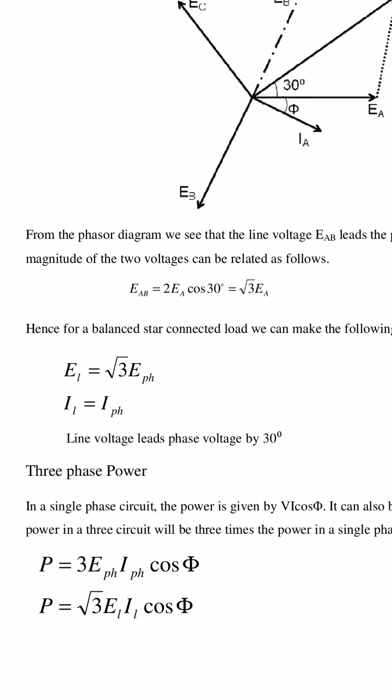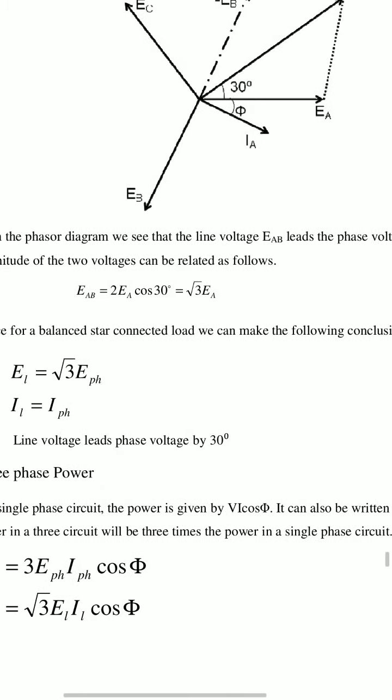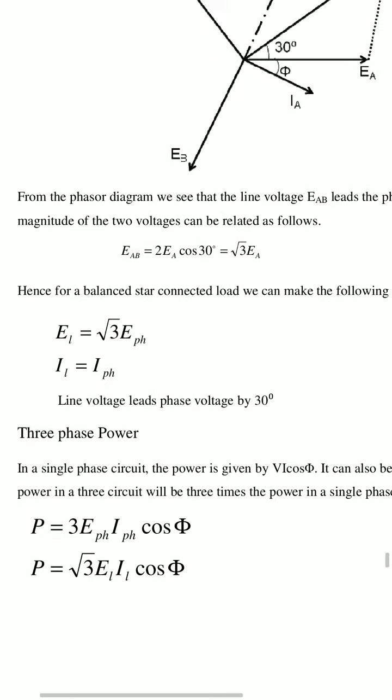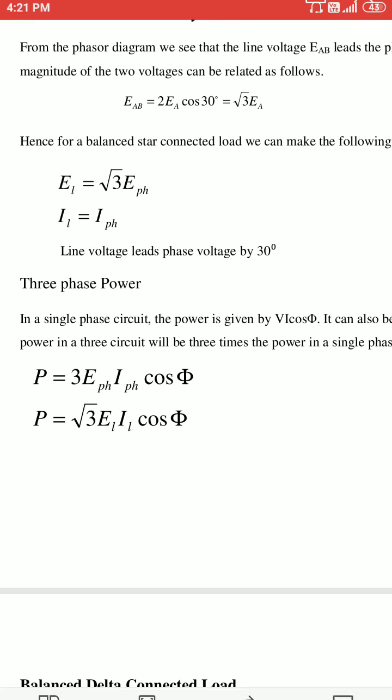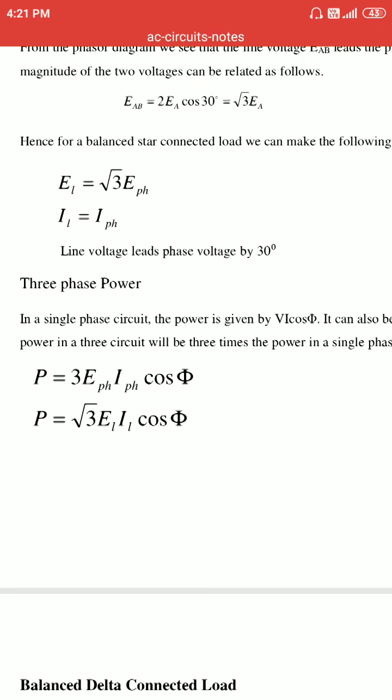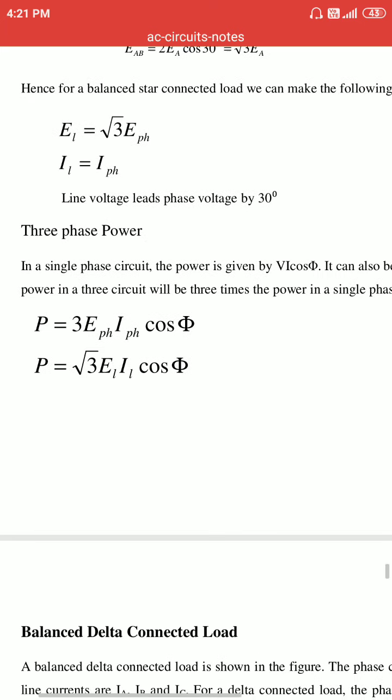Hence, for a balanced star connected load, we can make the following conclusions: EL equals root 3 E phase, IL equals I phase, and line voltage leads phase voltage by 30 degrees. This is about the line voltage and the phase voltage.